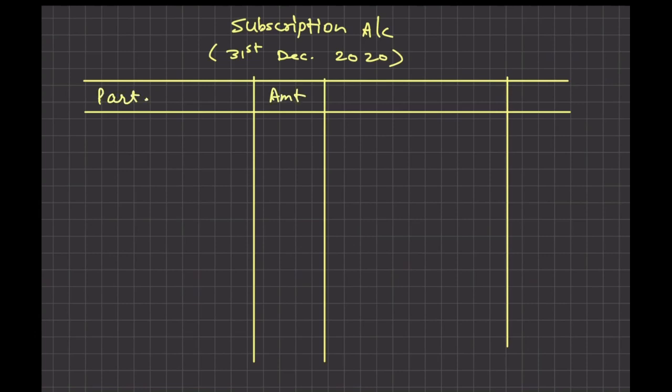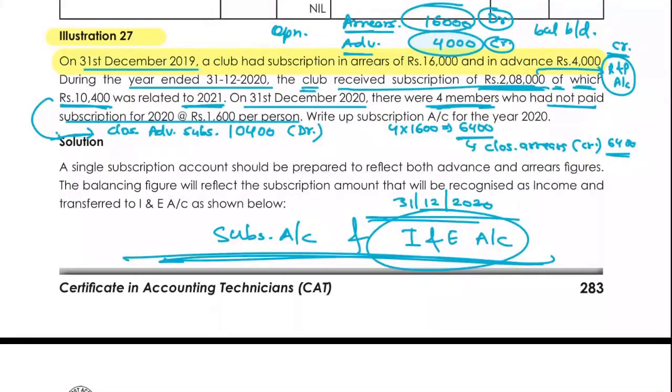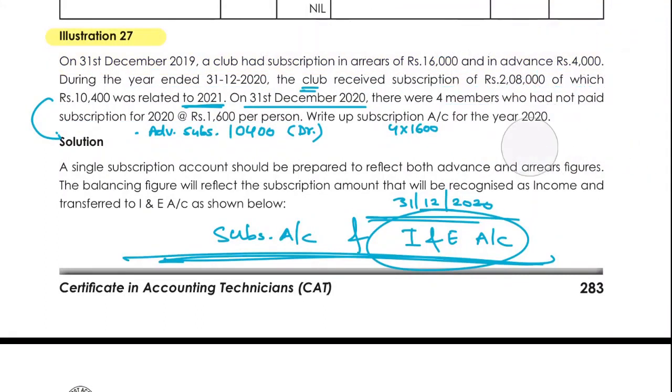Particulars, amount, particulars, and amount. We have amount for debit side and the credit side. Now let us fill out the question. Whatever information they have given, you should write it down as is.